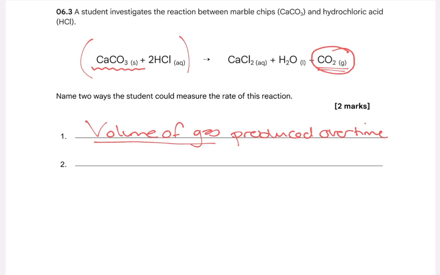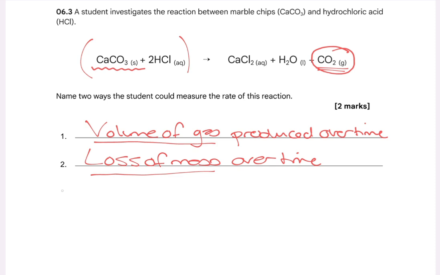So if a gas is allowed to escape from a reaction vessel, the mass will go down. So we could have also measured the loss of mass over time as well, and we would get similar results for both of those experiments.